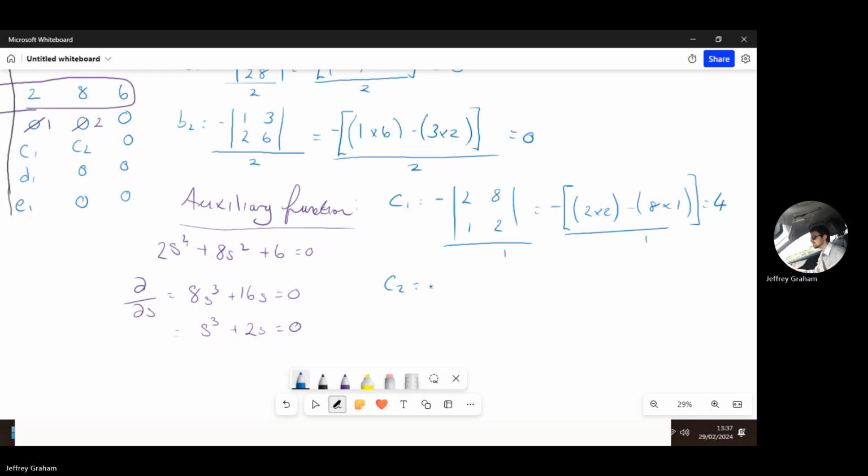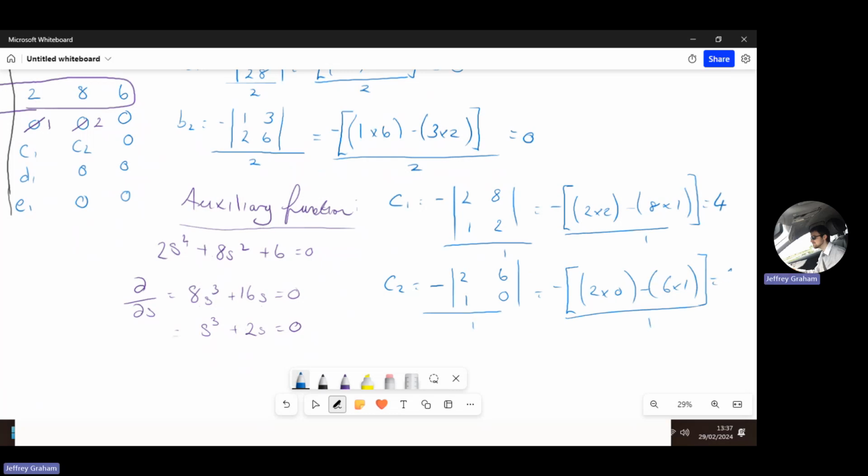C2, we've got a 2 and a 1 moving across the row. We've now got 6 and 0 over 1. So that's 2 times 0, take away 6 times 1, all over 1.